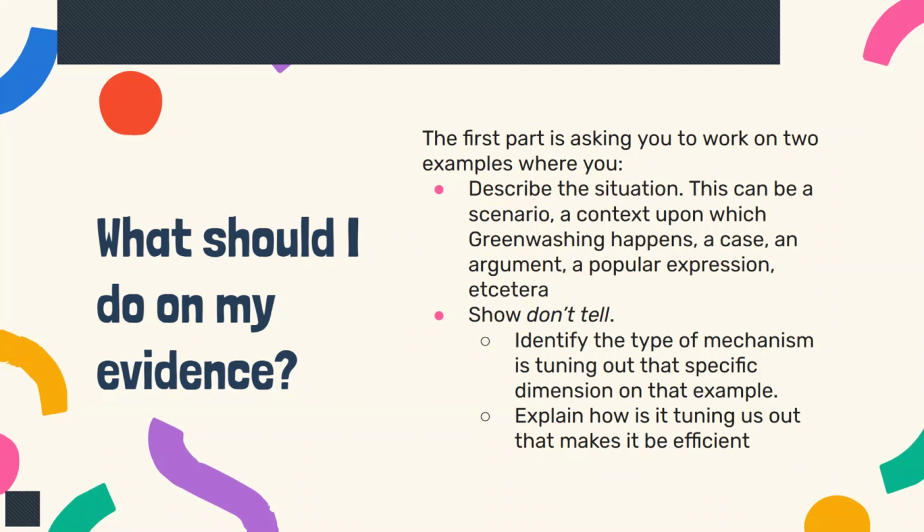Again, you have to give us a scenario. It doesn't matter the medium: you can use videos, images, text, whatever you like, but give a little bit of that particular context. Then show, rather than just telling, the type of mechanism that is happening, and then explain how it is affecting.